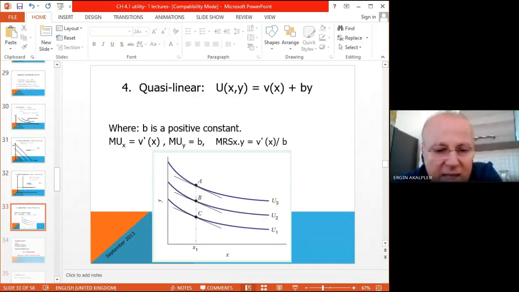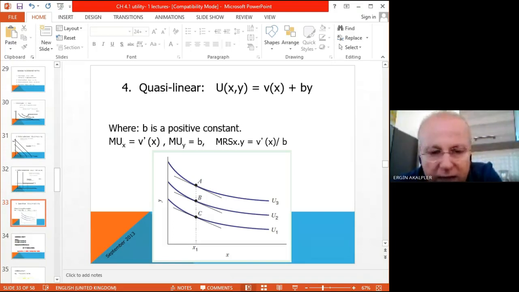And of course quasi-linear, as I said to you, when we are applying, is not totally linear, because as you are observing here it is somehow neither linear nor non-linear. It is a quasi-linear equation illustrated here, and u1 is lower than u2, and u2 is lower than u3, or vice versa. u3 is the highest combination of this given scenario, where u(x, y) is supposed to be v(x) plus py, and here, of course, as you are observing, v'(x) is the marginal utility for x, and the marginal utility for y is then b as the intercept.